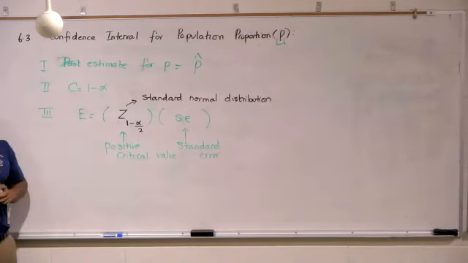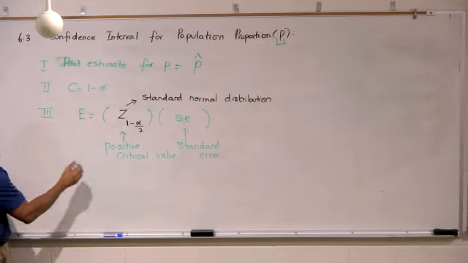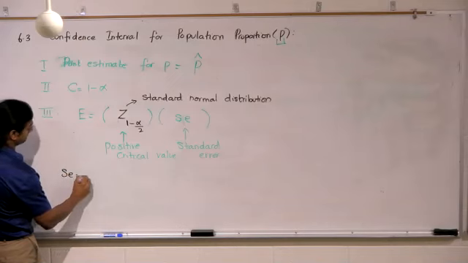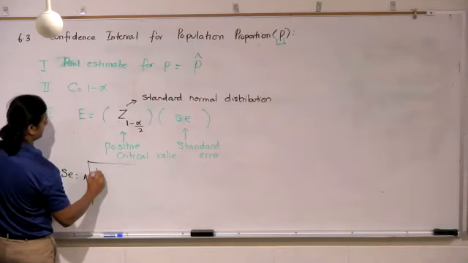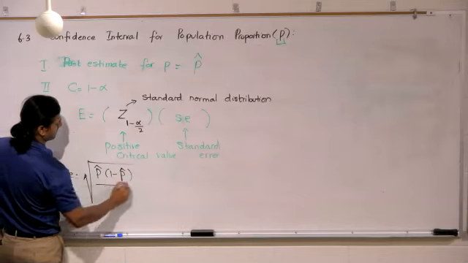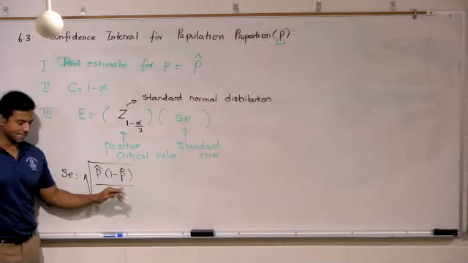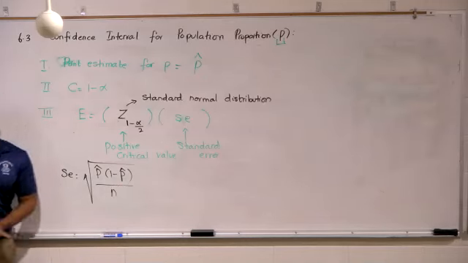The standard error is not the same as the last formula. Here it is P hat multiplied by 1 minus P hat divided by n.